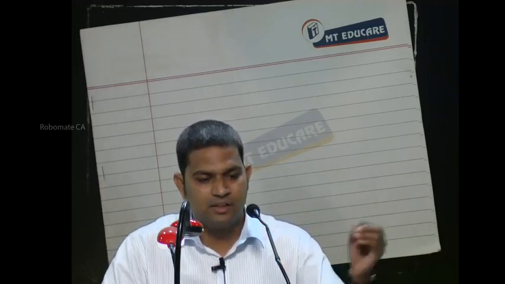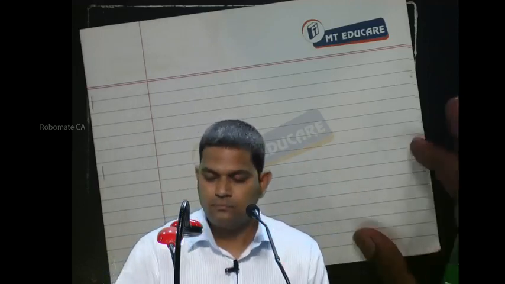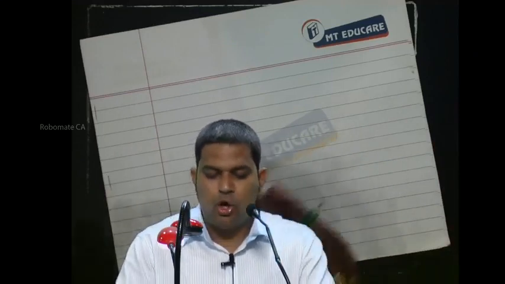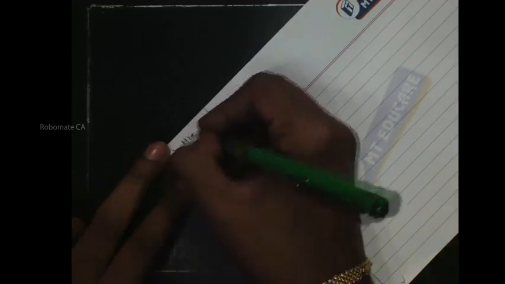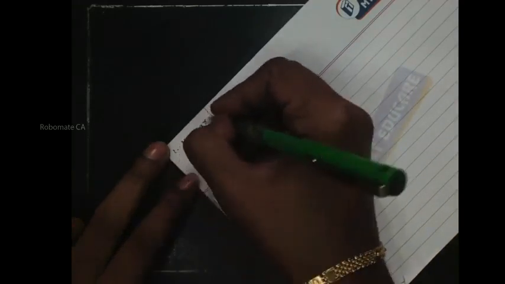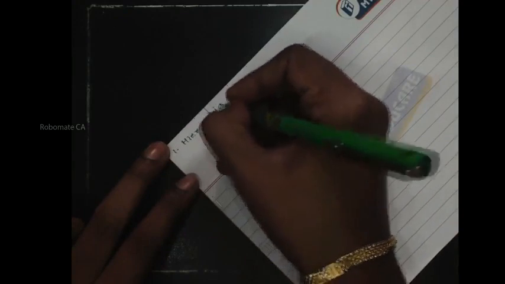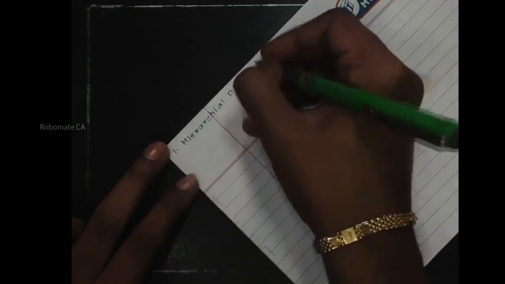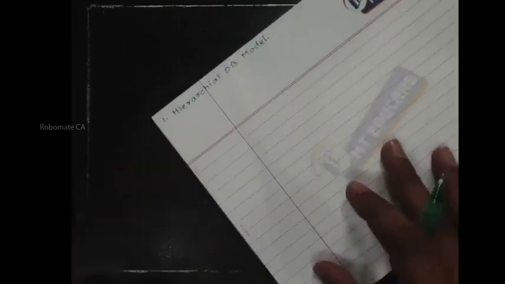That is called database models. The first type of database model is called hierarchical database model.